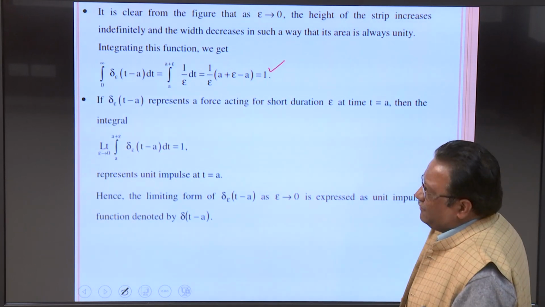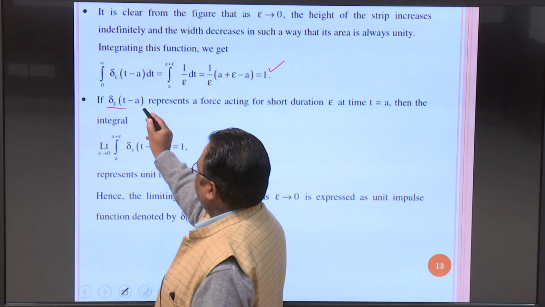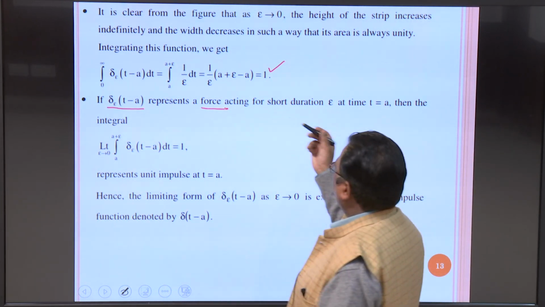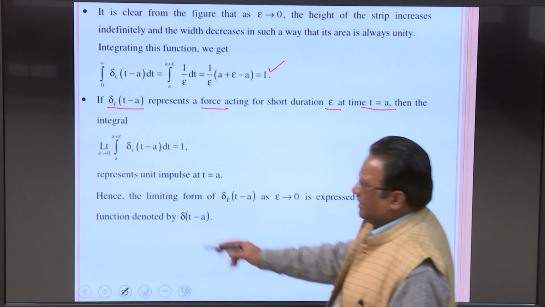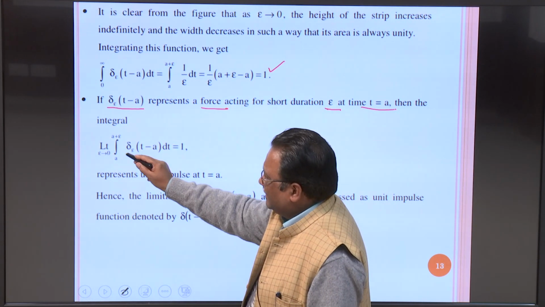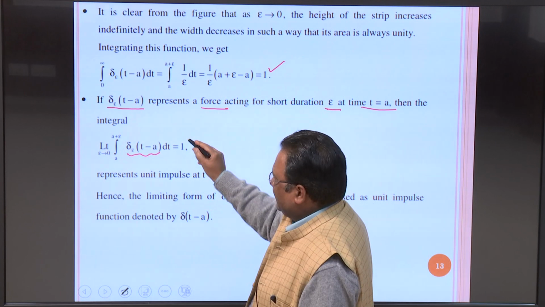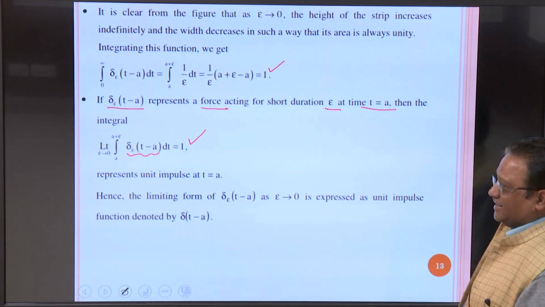Now if δ_ε(t − a) represents a force acting for a short duration ε at time t = a, then the limit as ε tends to 0 of the integral from a to a + ε of δ_ε(t − a) dt equals 1, which represents a unit impulse at t = a.